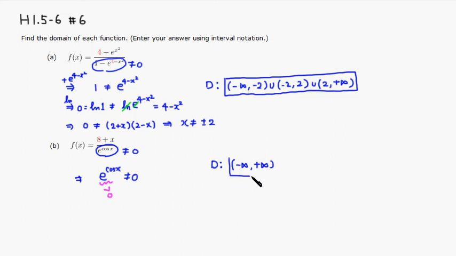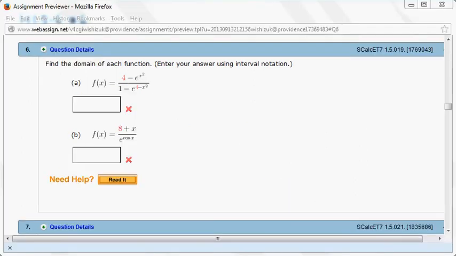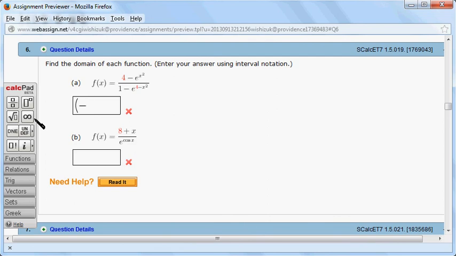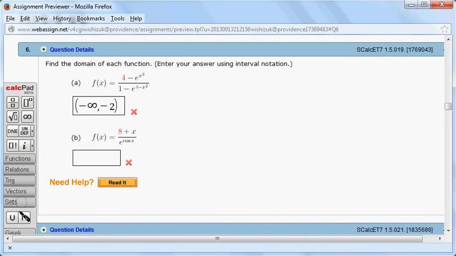All right, so let's plug it in and see what happens. The domain is negative infinity to negative 2, skip negative 2, then negative 2 to positive 2, skip positive 2, then go all the way to positive infinity.